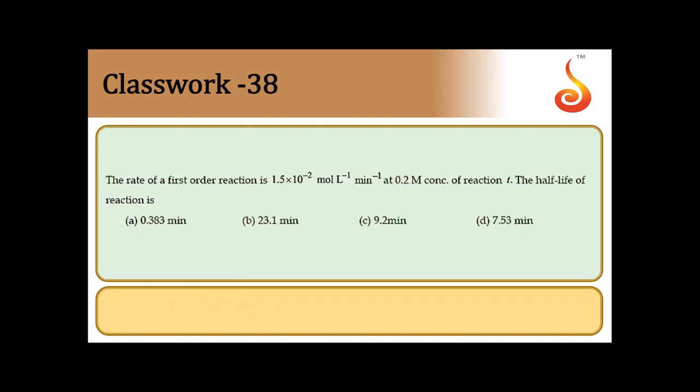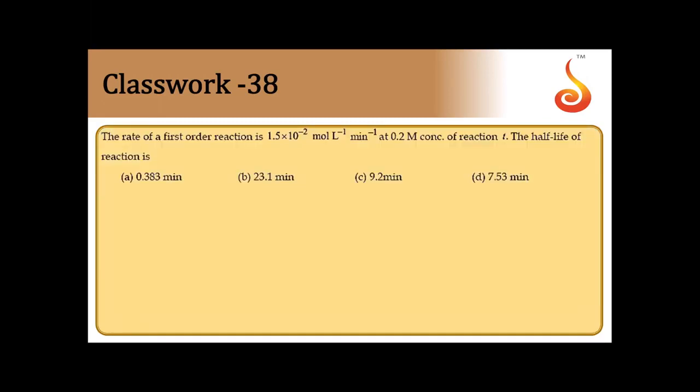Then 38th one. The rate of first order reaction is 1.5 10 to the power of minus 2 mole per liter per second at 0.2 molar concentration. The half-life of the reaction is, means we need to find out the value of K first. Then only we can find out the half-life of reaction. Given the value of rate as well as the concentration at a given point of time. So rate is equal to rate constant K into concentration.